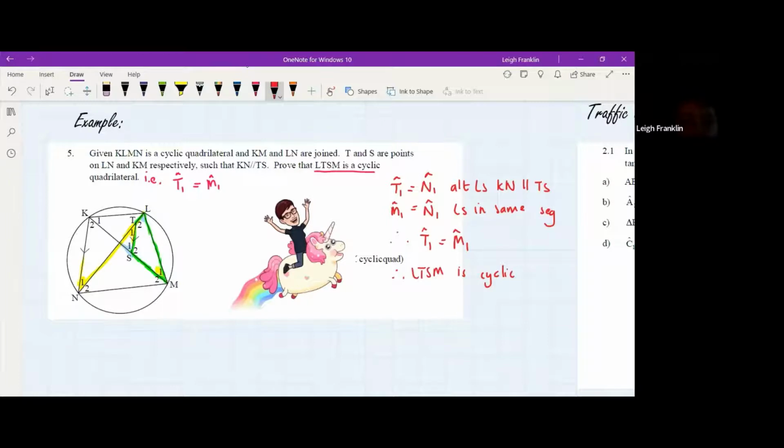And our reason is going to be converse exterior angle of a cyclic quad.